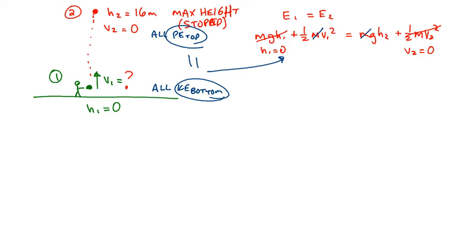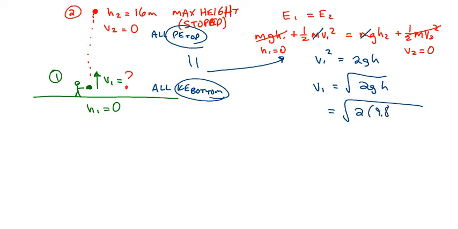We're solving for V1 again. I'll multiply by 2 and take the square root. And the height that it rose to was 16 meters here.